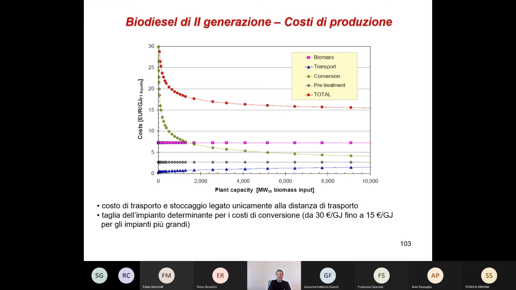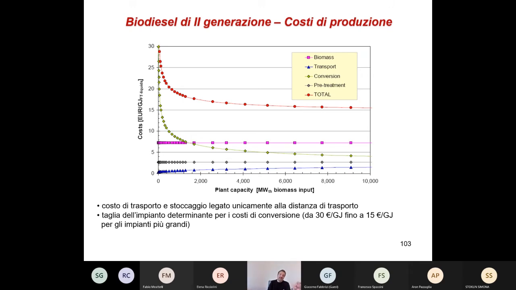Yes, here we have higher costs, of course, because you have appreciated the complexity of the pathway. So complexity means high cost, and of course the costs are very high.